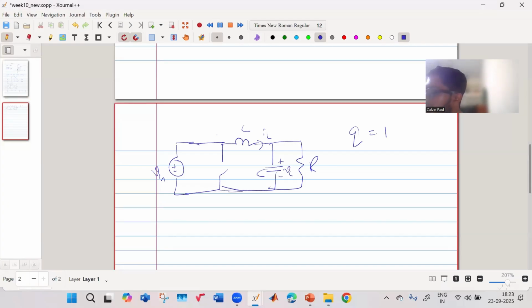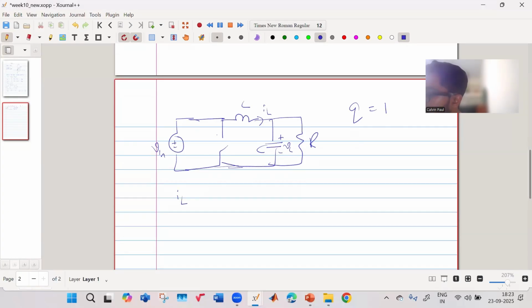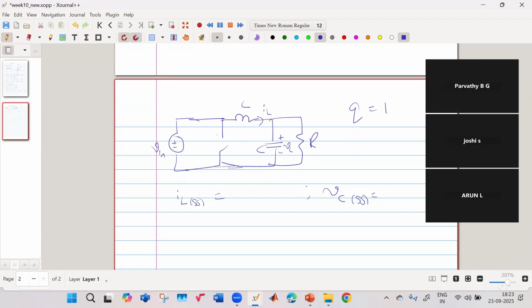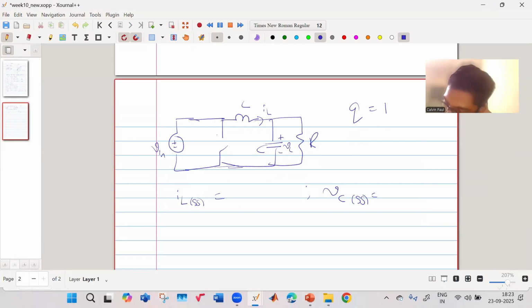Can you tell me what will be your IL steady state and what will be your VC steady state? Where will they finally settle when Q equal to 1? IL will be V0 by R. V0 by R, okay. And VC?